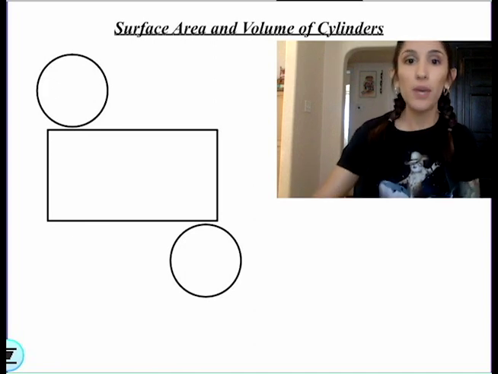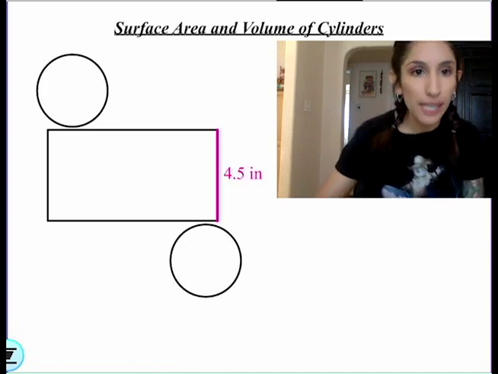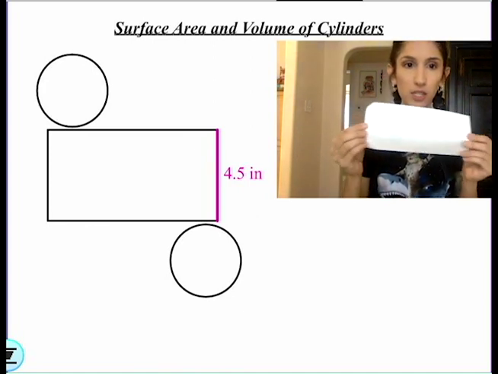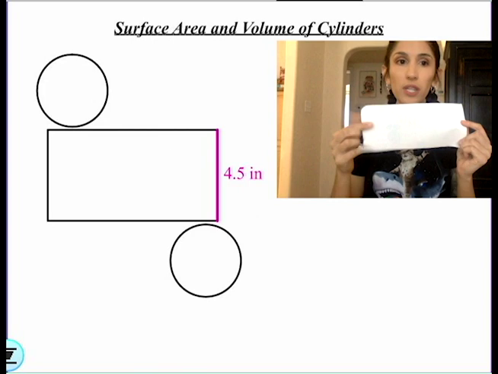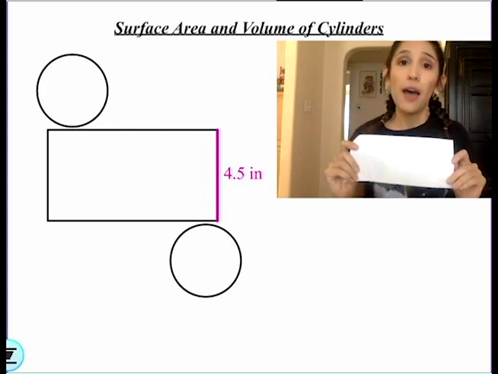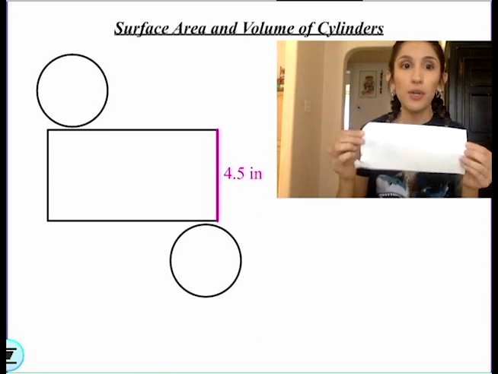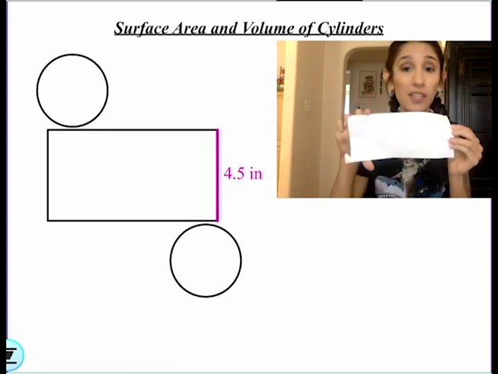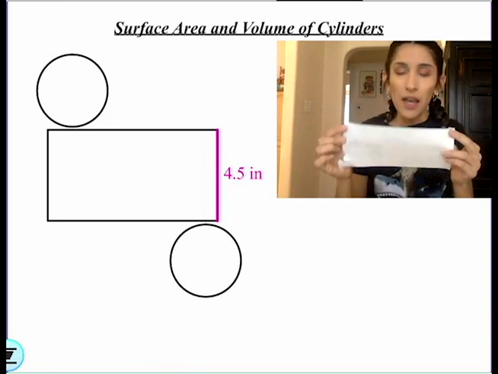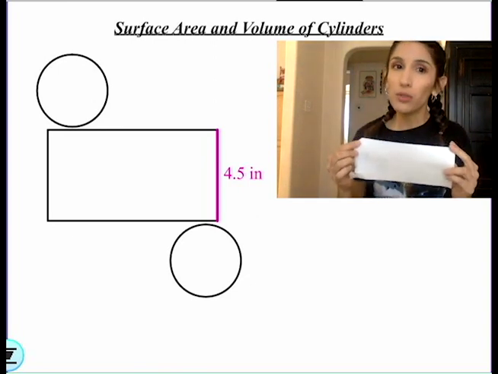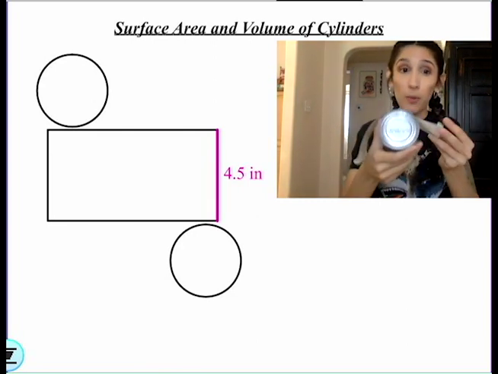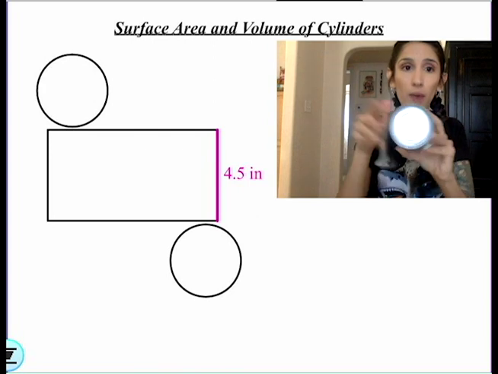When I went through and measured the label, I measured the width of the rectangle, and that was 4.5 inches. So looking at this label, I know that the width of this is 4.5 inches. When I think about the length of this, rather than measuring it with a ruler, what I wanted to emphasize is the fact that this label went all the way around my can.